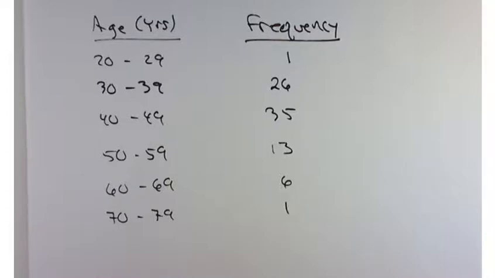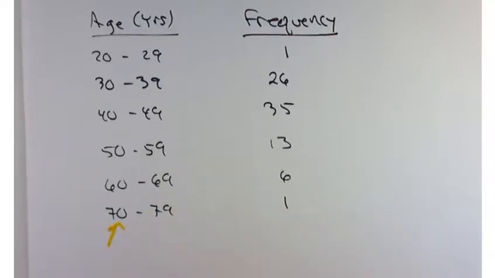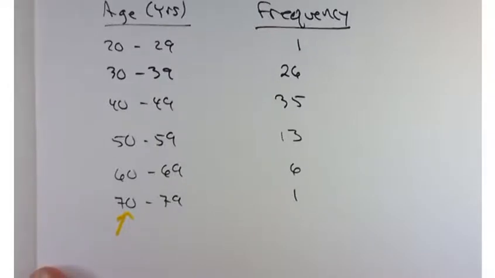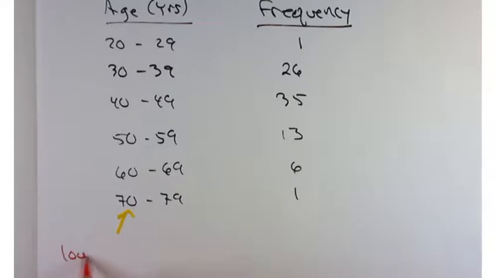Okay, so some definitions regarding this stuff. What is it all saying? In particular, how we discuss it. So the first thing I want to point out and give a name to is these numbers that help define our different classes. These ones are called the lower class limit.